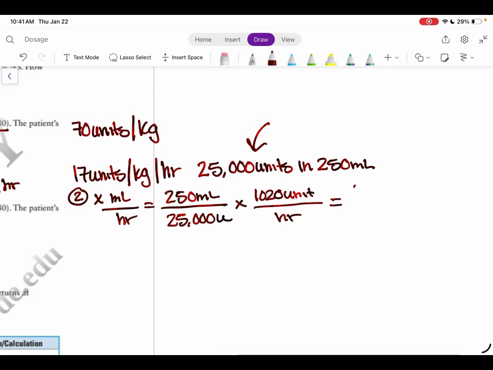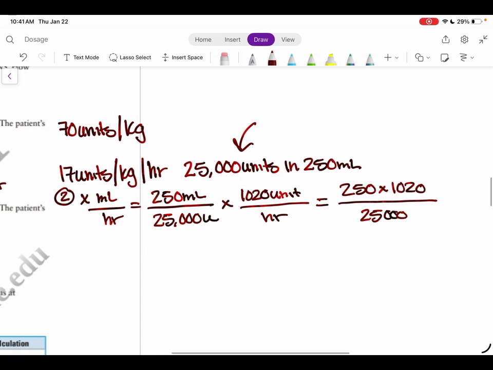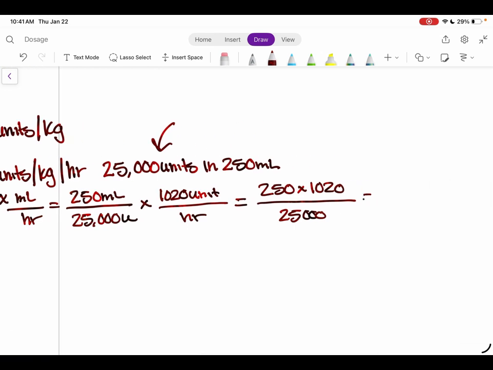So I'm going to do 250 times 1,020 and then divide by 25,000. So I get 10.2 as my answer.